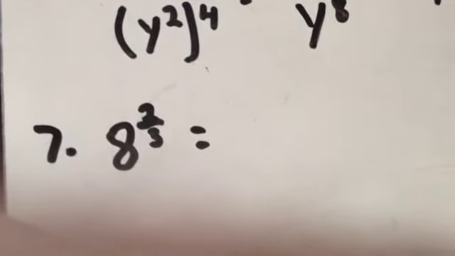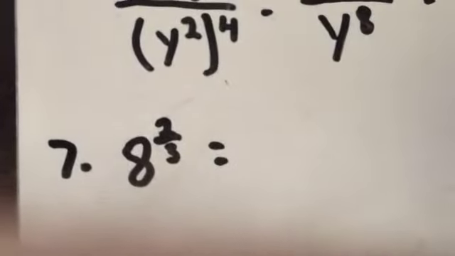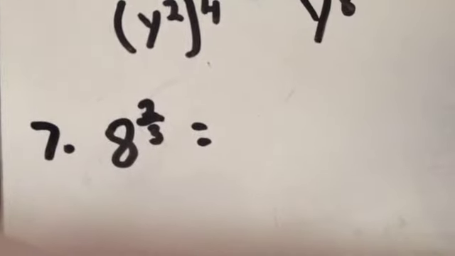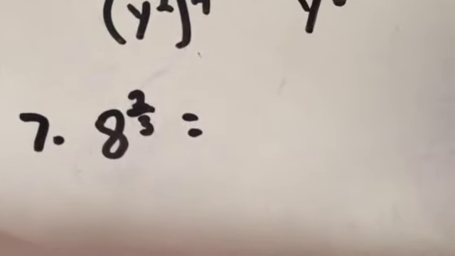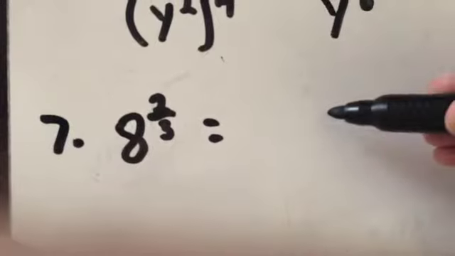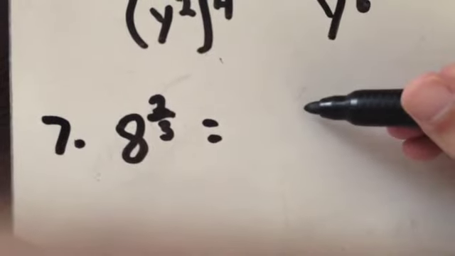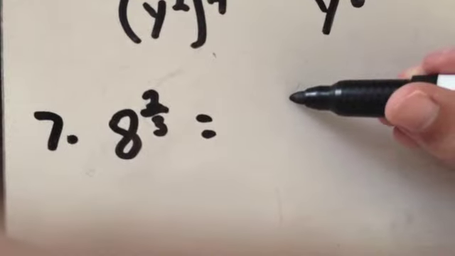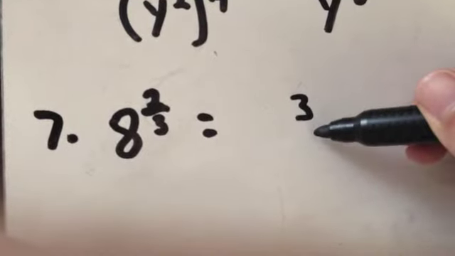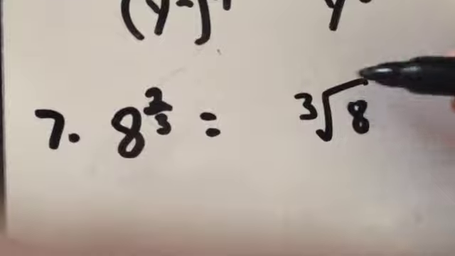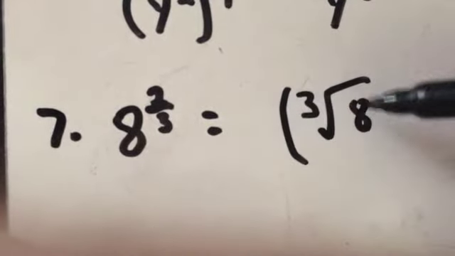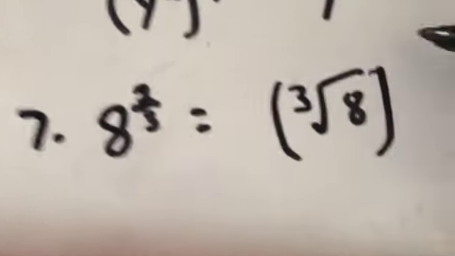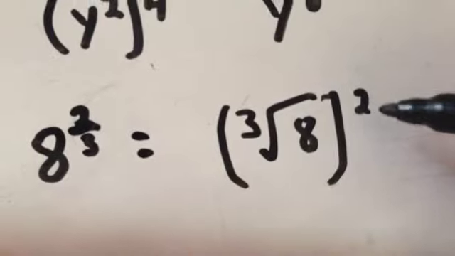Next question here, you have 8 to the power of 2 over 3. That's not very clear, but it's 8 to the power of 2 over 3. So to work this one out, it's the third root of 8 to the power of 2.